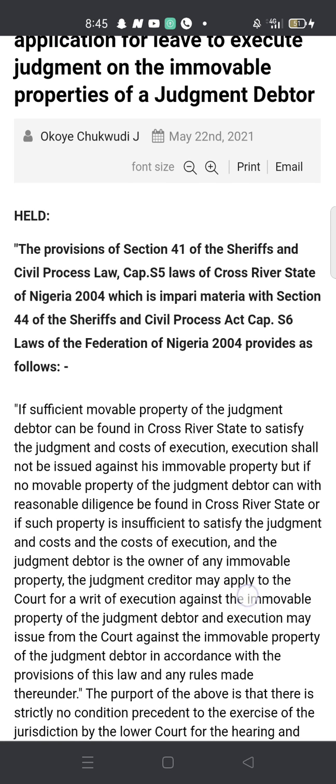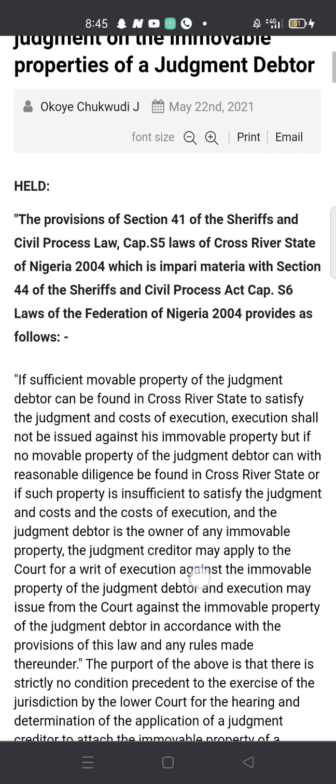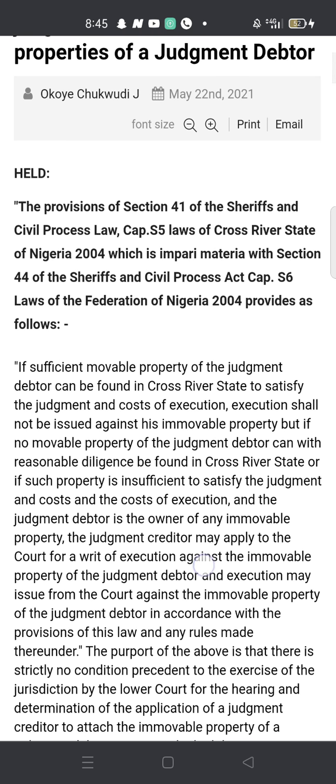It is sufficient if sufficient movable property of the judgment debtor can be found in Cross River State to satisfy the judgment and cost of execution.